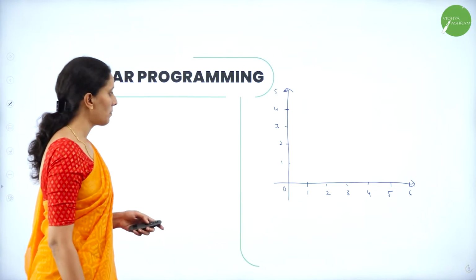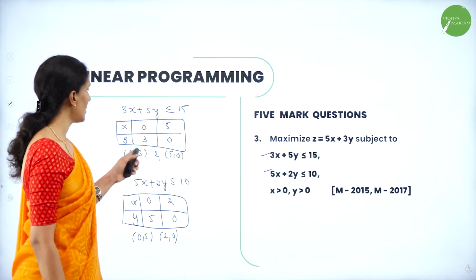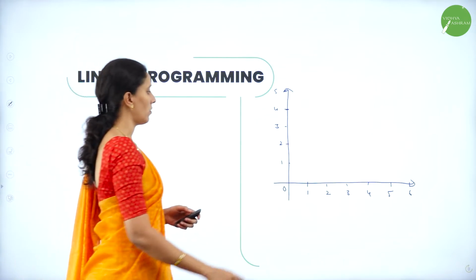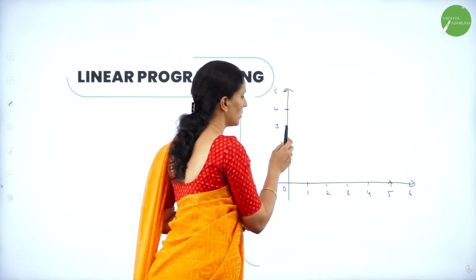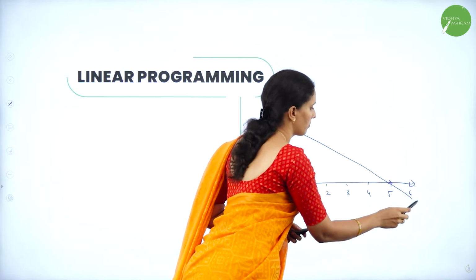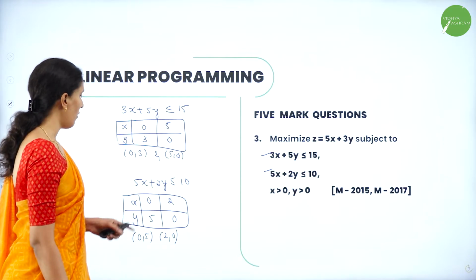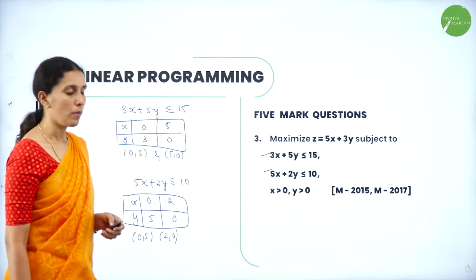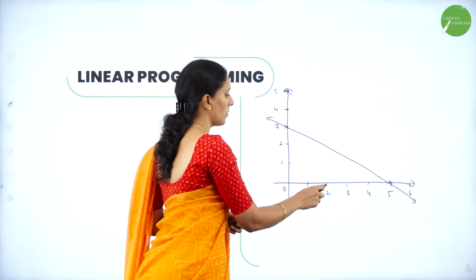Now let's plot the points for the first straight line. That is 0, 3 and 5, 0. So this is the straight line. Next we have 0, 5 and 2, 0.